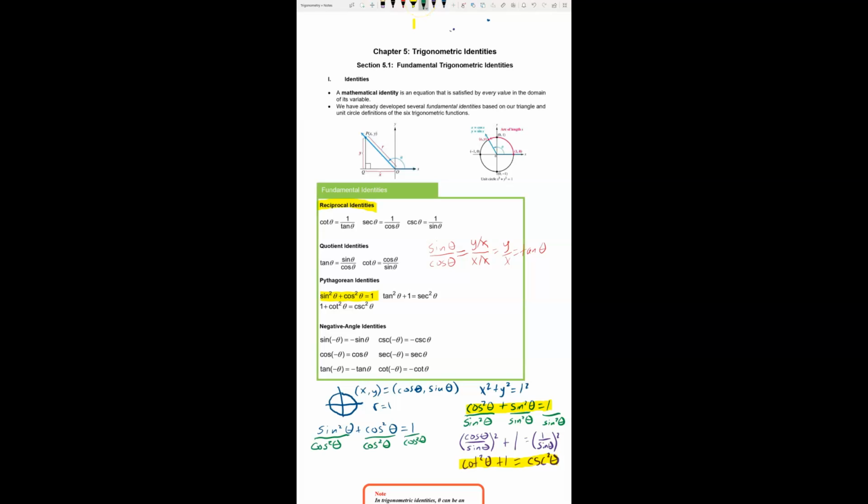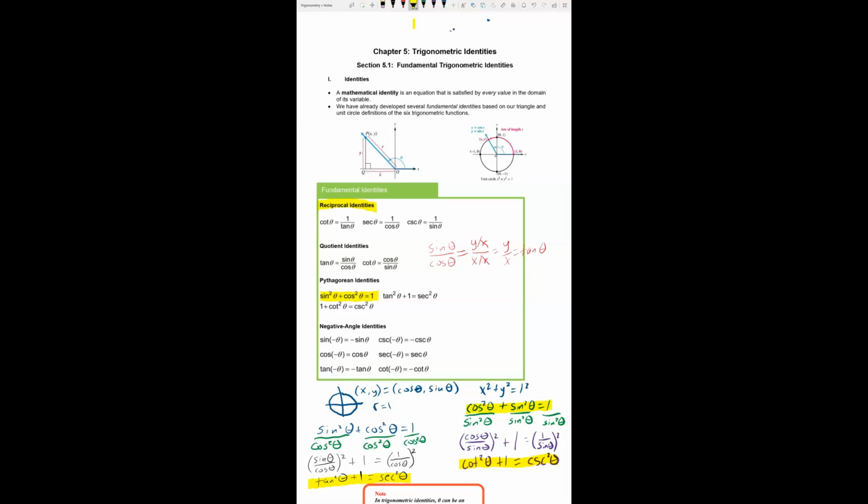Similarly, we will pull out the squares. Now we will use our reciprocal and quotient identities to rewrite sine of theta divided by cosine of theta as tangent of theta, and 1 divided by cosine of theta as secant theta. Now we have our final Pythagorean identity, tangent squared theta plus 1 equals secant squared theta.